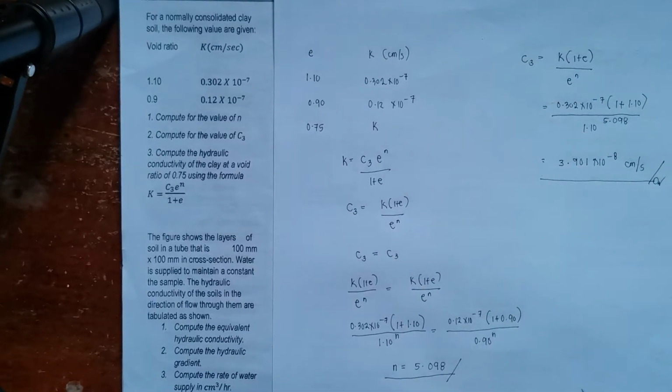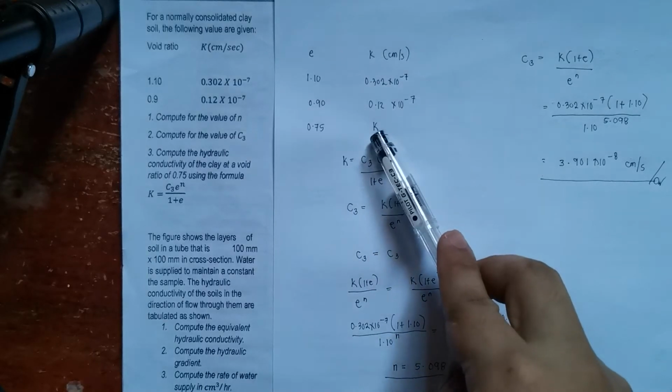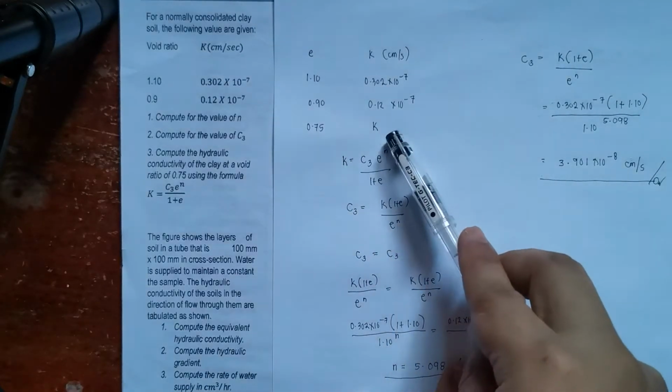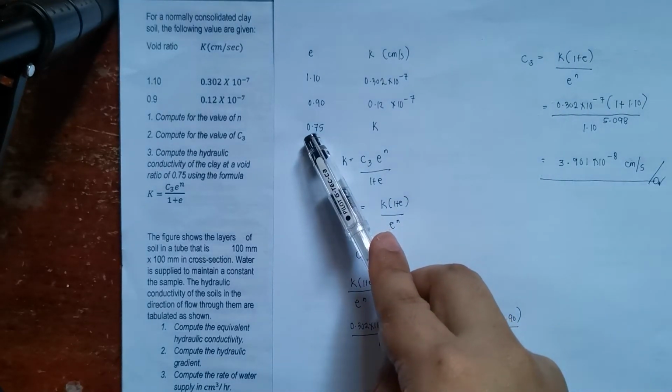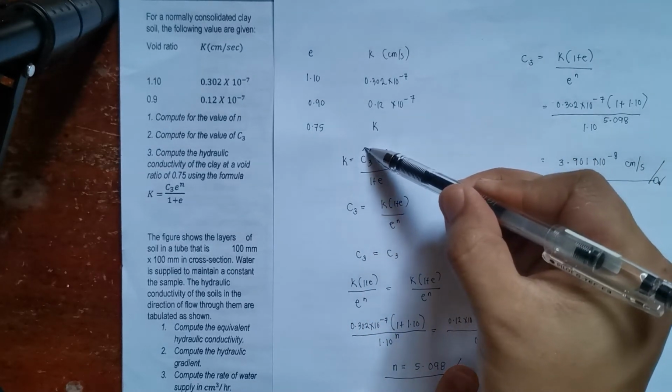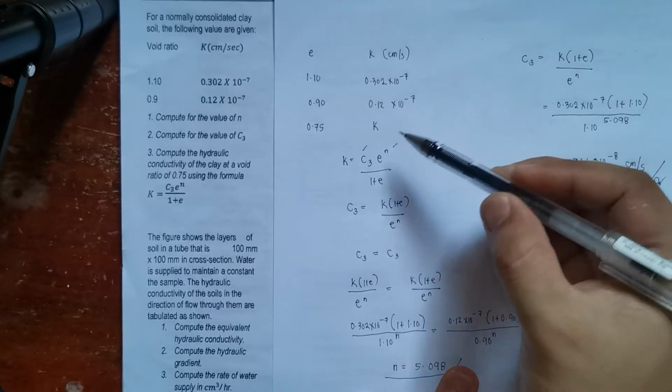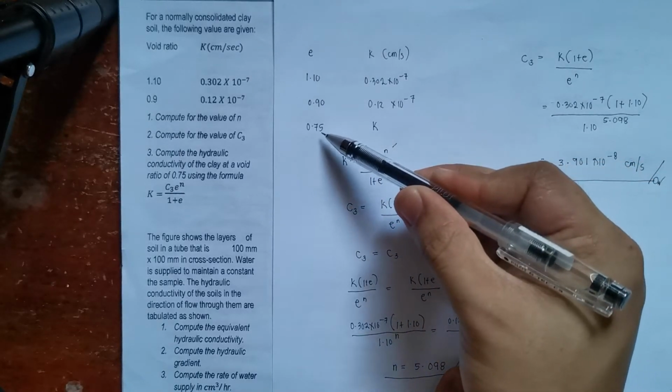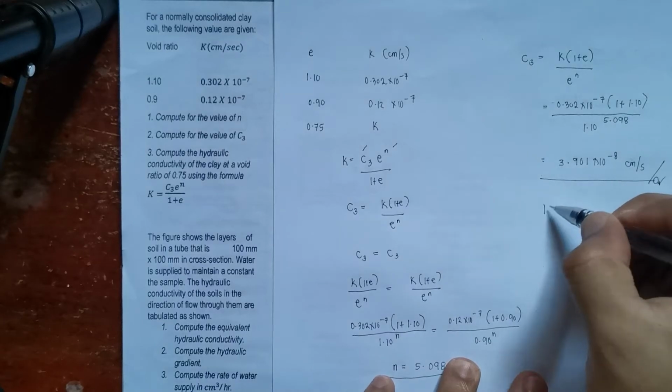And then, the third requirement po, pwede natin makuha yung K at a void ratio of 0.75 using this formula. Meron na tayong constant value ni C3, constant value ni N, and then the void ratio which is 0.75. So, direct substitution na yon.